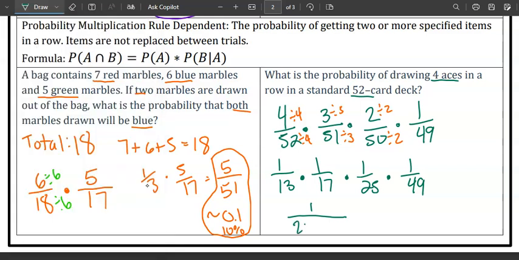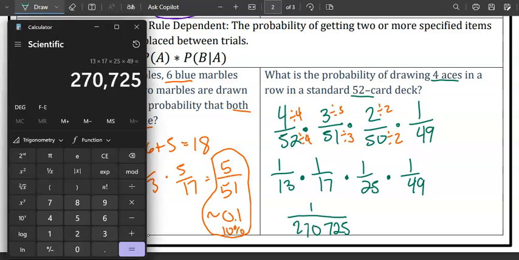270,725. It would be a 1 out of 270,725 chance, which would be a very tiny number.